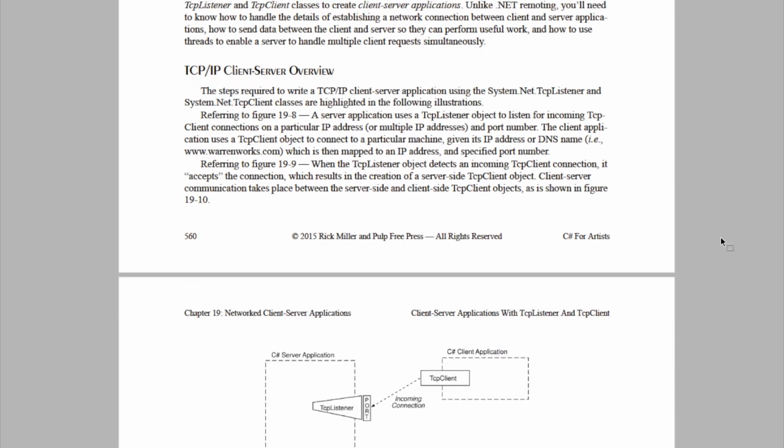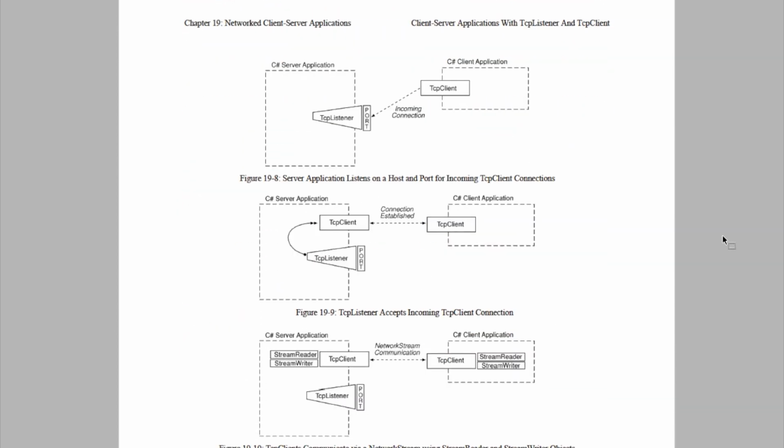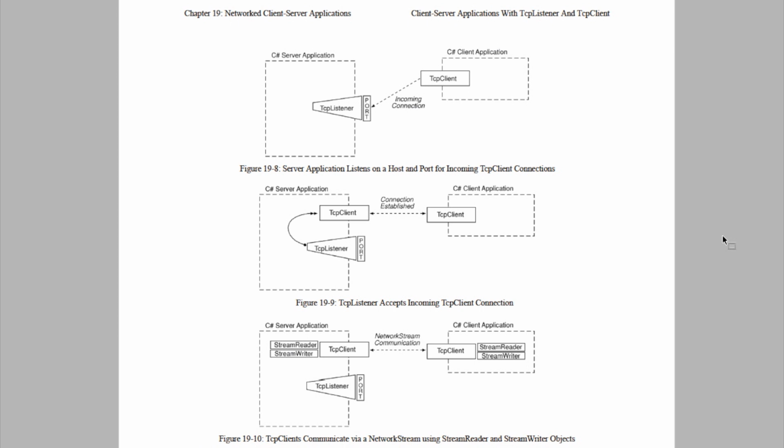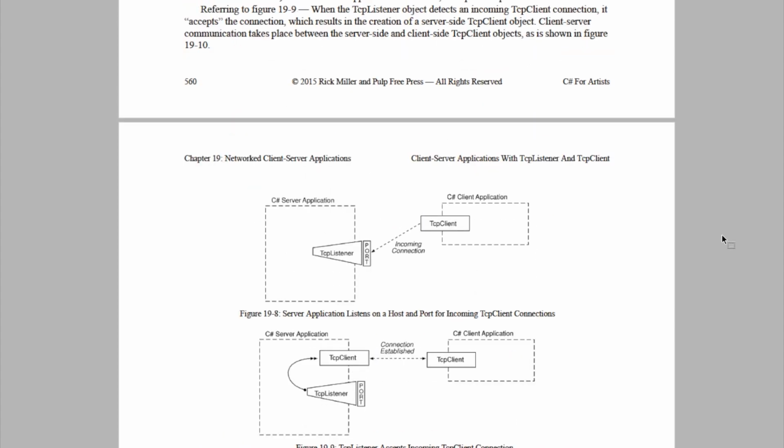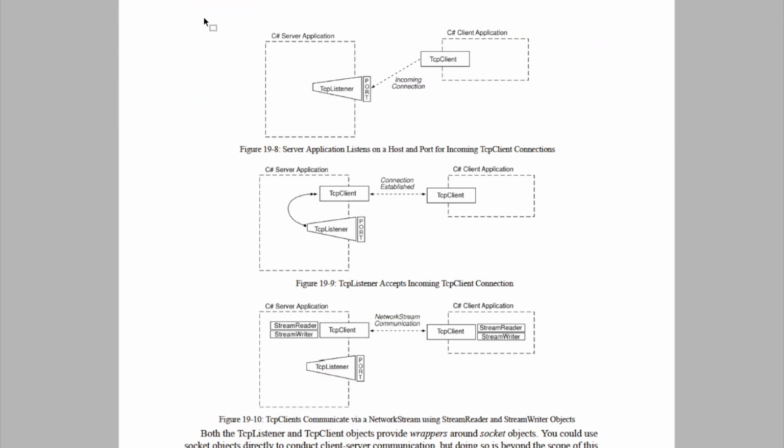The steps required to create a client-server application using the TCP Listener and TCP Client classes: essentially you'll have the server program and the client program, which will be two separate executable assemblies.